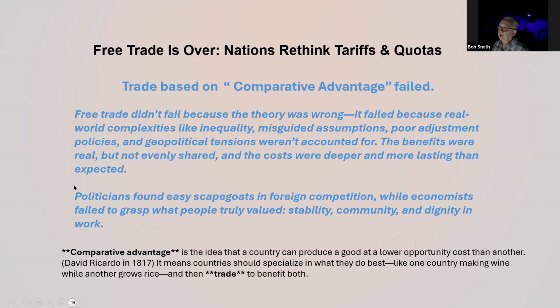And then you had China, and first of all, Japan and Korea, and then China, who basically through government intervention kept and developed industries that they had no advantage in at the time. And of course, politicians always found an easy scapegoat in foreign competition. So anyway, you scratch your head and say, yeah.